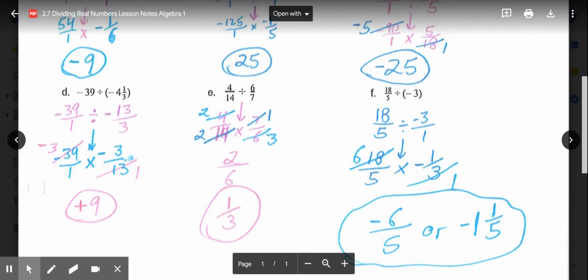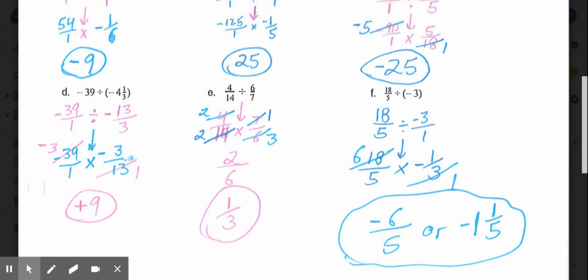In E, we're just dealing with two positive fractions, so we know our answer will be positive. And we're going to multiply by the reciprocal, so 4 over 14 multiplied by 7 over 6. Then we want to cross simplify the 7 and the 14.